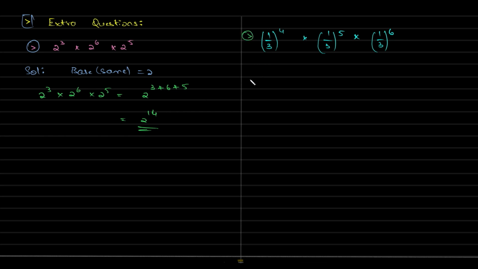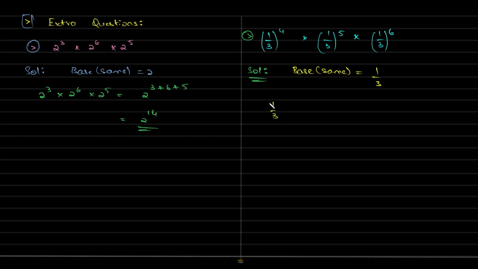Again, try the questions, because conceptually it's very simple. If you want to see if you understood really well, you have to try the question before I do. So base is same and it is 1 by 3.